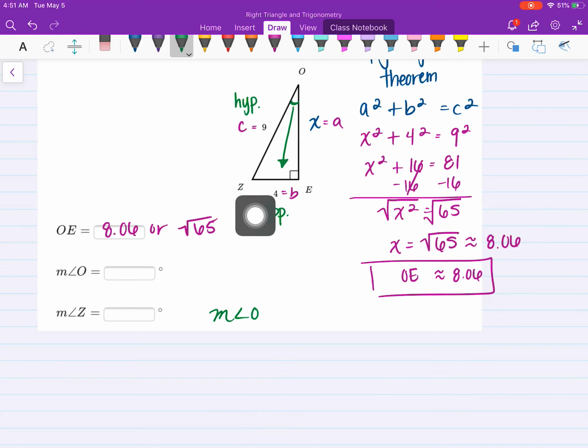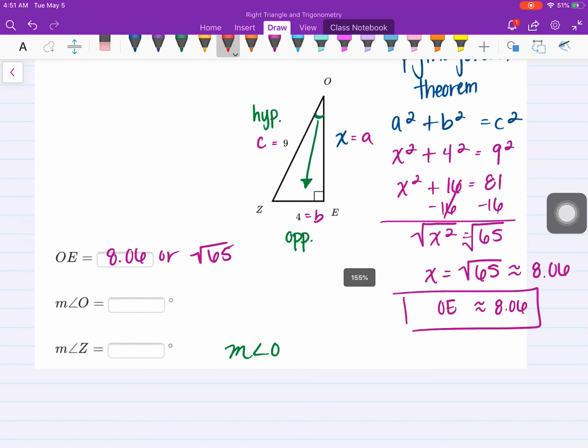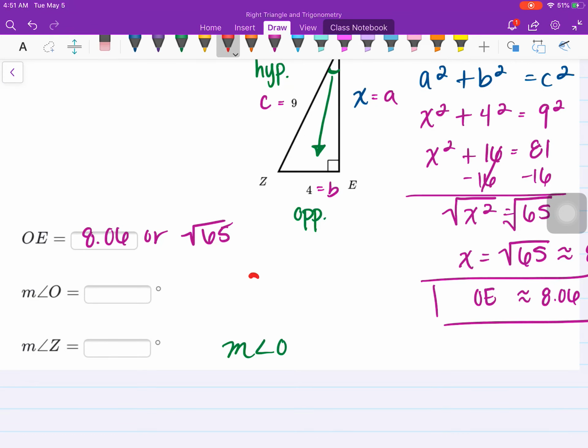So I'll just stay with what I was given. I'm going to take out my SOHCAHTOA here, and see whether it's sine, cosine, or tangent that uses opposite and hypotenuse. In this case, it would actually be sine.